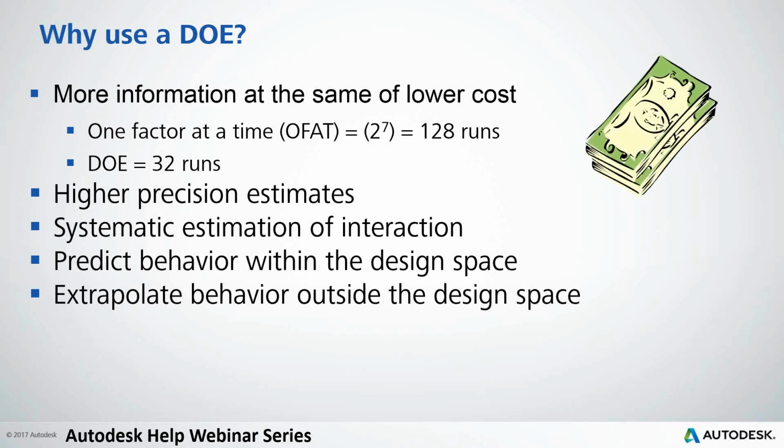So why use a design of experiments? DOEs produce orders of magnitude more information than a one factor at a time test at the same or lower cost. For example, if I have an experiment with 7 variables at 2 levels, a one factor at a time analysis of all combinations will require 128 runs.